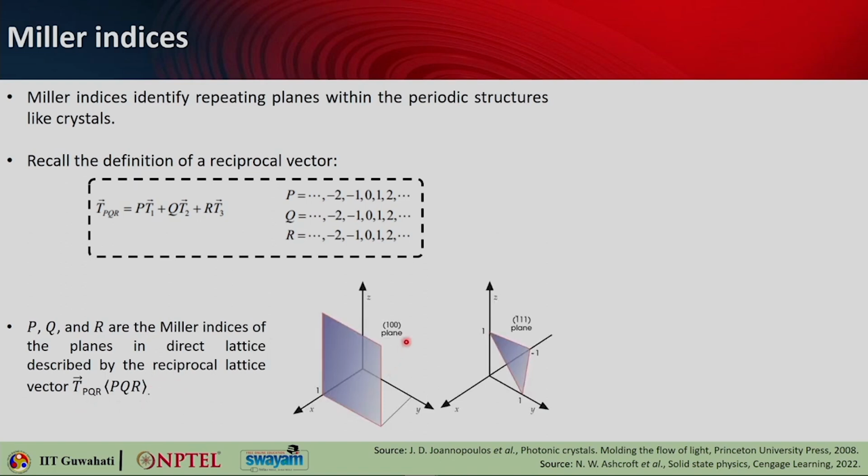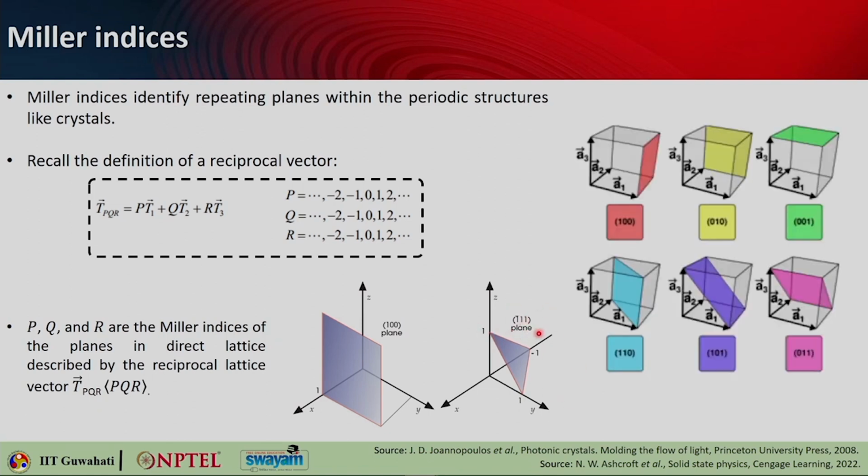So if you have a 1 0 0 plane, that means along x you have 1, and the 0s mean it will be parallel to both y and z. The 1 bar 1 1 plane means it will cut all three axes, where 1 bar is -1 along x, and then you have 1 along y and 1 along z. So this is a particular plane that is given by the Miller indices 1 bar 1 1.